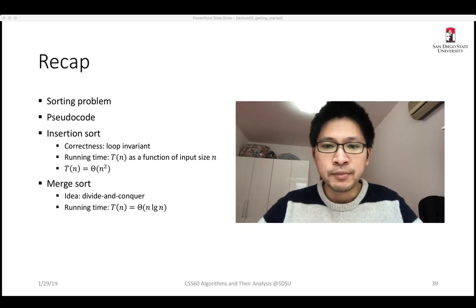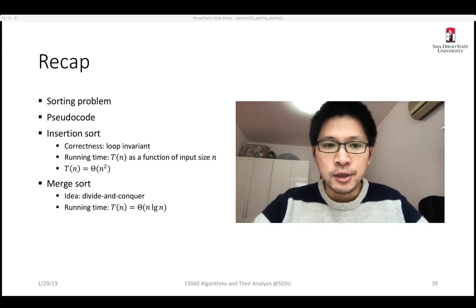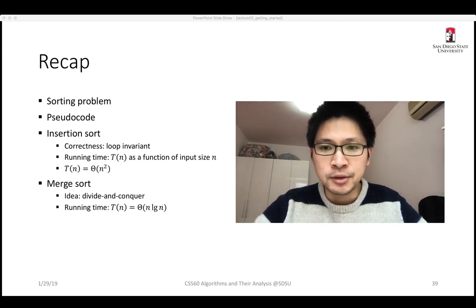Okay, let's wrap up a little bit for lecture 2. In this lecture, we used pseudocode to implement two sorting algorithms, insertion sort and merge sort. And we analyzed the correctness of both algorithms using the concept of loop invariants.